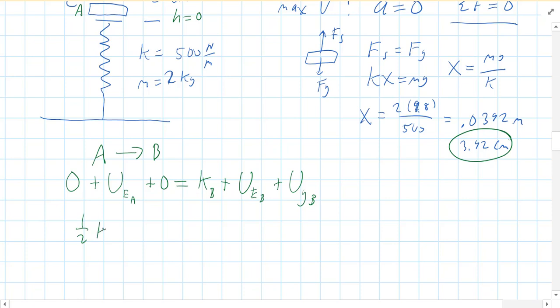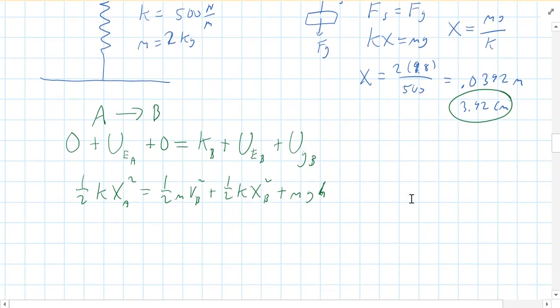We have 1/2 k xa squared equals kinetic energy at B, 1/2 m vb squared, that'll be our max velocity. We have elastic potential energy because the spring is still compressed a little bit, so that's 1/2 k xb squared. And then we have some gravitational potential energy, that's mgh. Now here's the next part. We have to be real careful on the numbers we plug in.